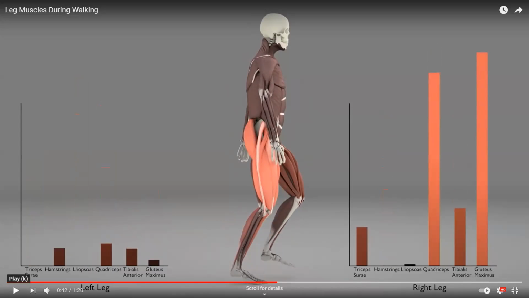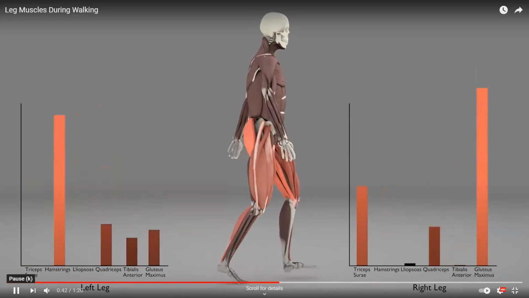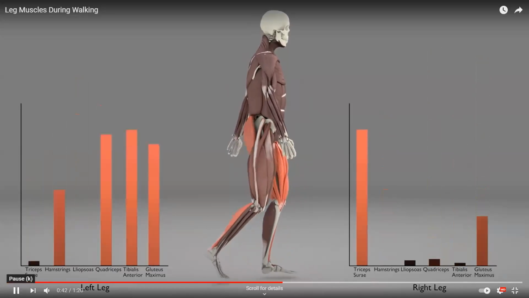So let me get this to a place where I want it. Okay, let's look at the right leg this time. If you even want to take it a step further, you can look at the muscle activity over on this side to give you a hint as to what is going on.